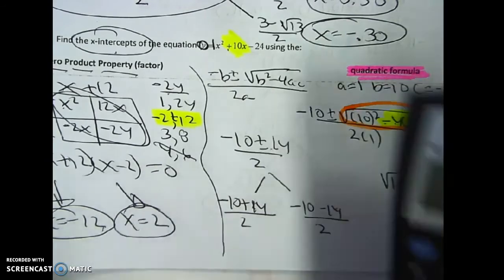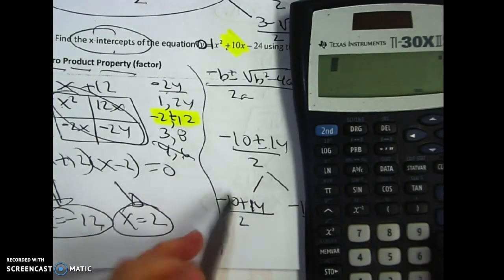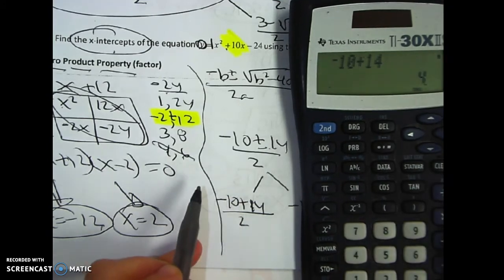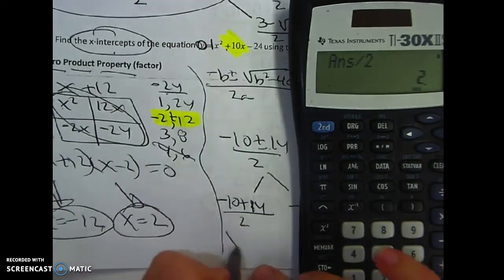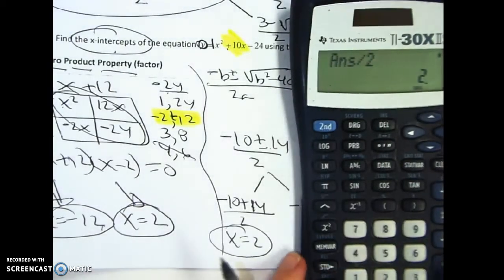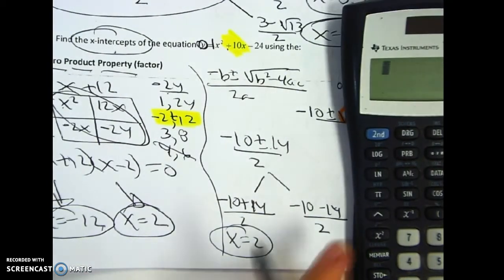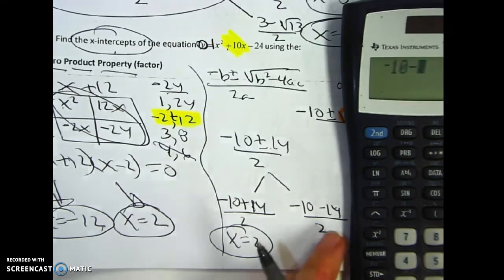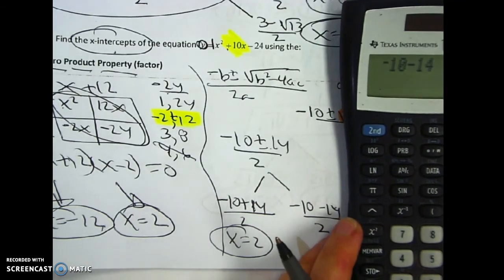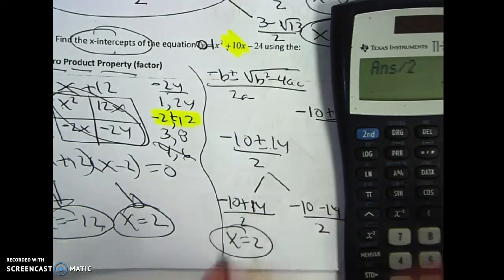Those of you that are unclear will do it in the calculator. Negative 10 plus 14, enter, divided by 2. Start again, clear, clear, clear. Negative 10 minus 14, enter, divided by 2 is negative 12.